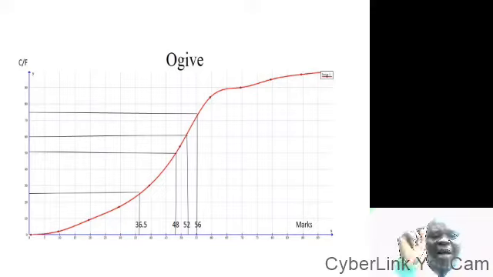At the ogive, trace it down to the horizontal axis. Then at the horizontal axis, you discover that our median here is going to give us what? 48. Check it from your graph carefully and you will get what I'm talking about. That is the median.